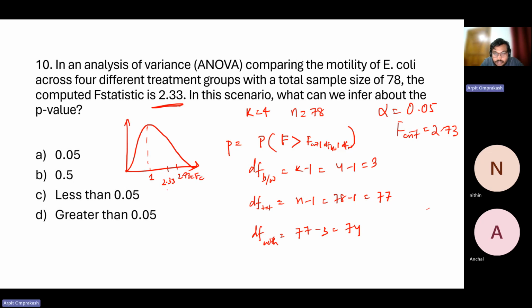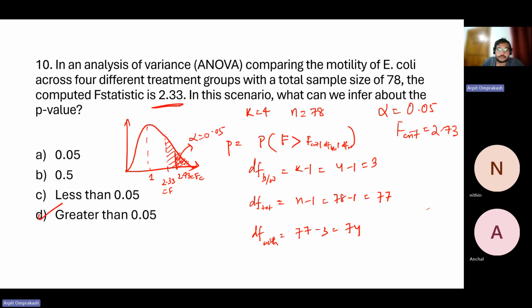F critical is compared with our F calculated. We calculated our F critical for an alpha value of 0.05. That means the area here is 0.05, but our F value is somewhere here. So the area here, or the P value that we'll get, will be greater than 0.05. Right.